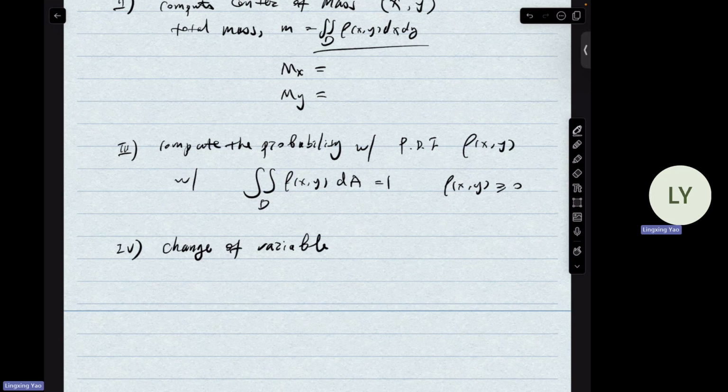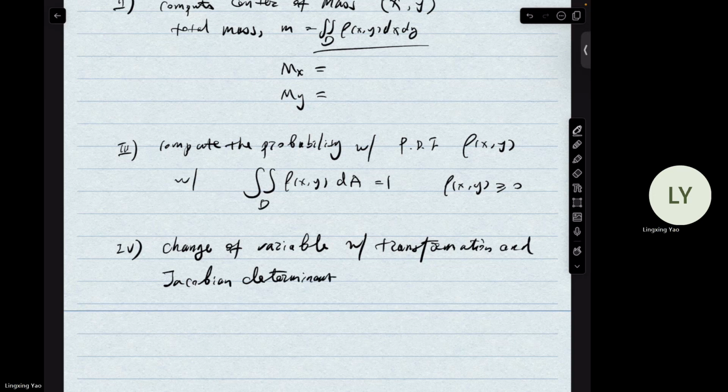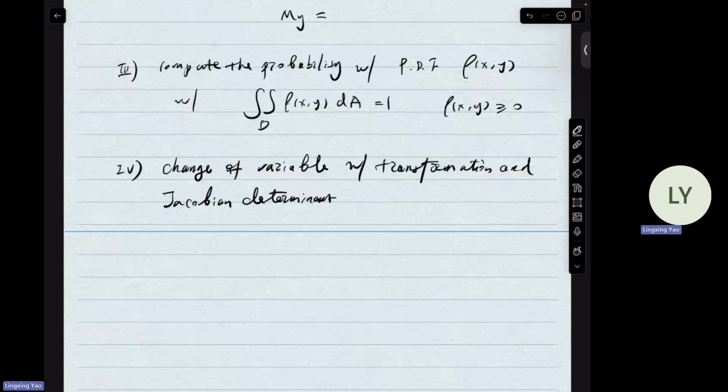We put it here because we only check the change of variable with the transformation, and the so-called Jacobian determinant, if you remember.